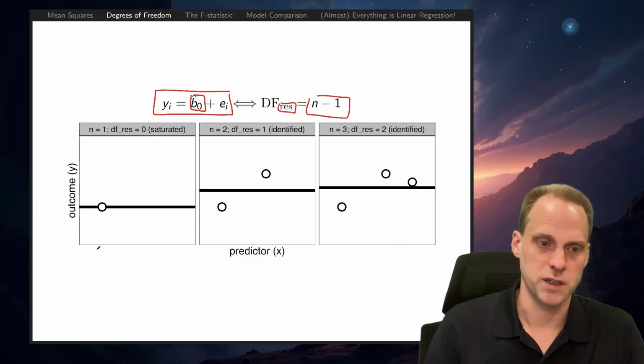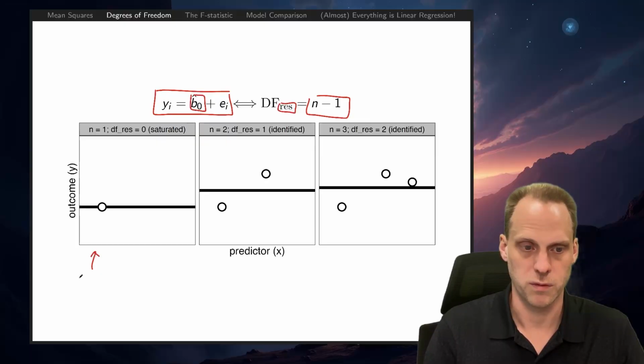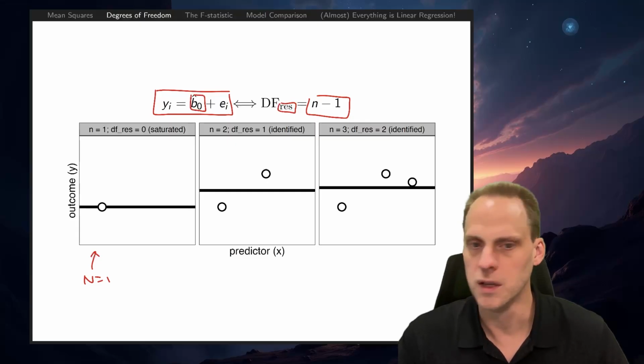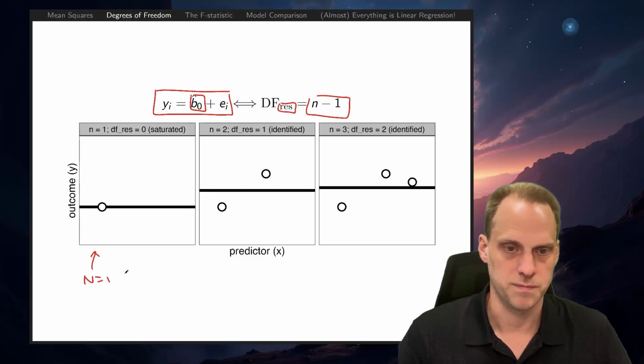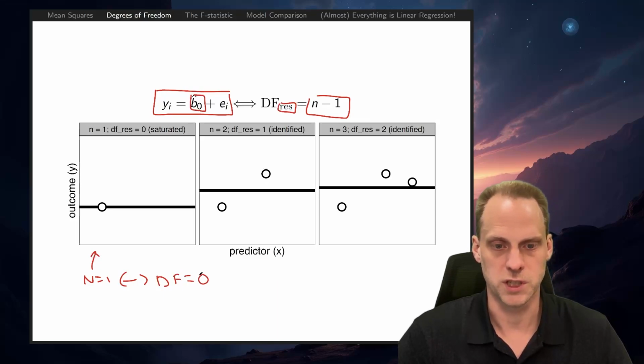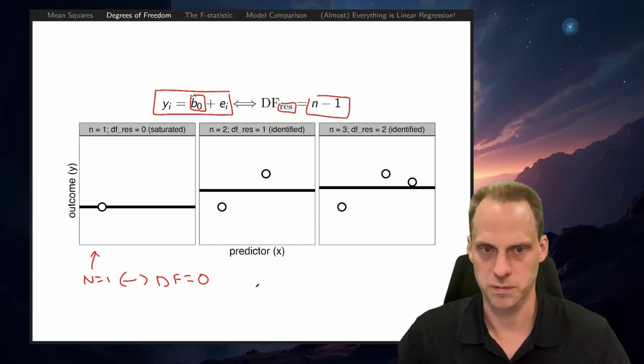Let's consider a data set where we have n equals 1 data point. You would never have that, of course, but let's say we have it. In that case, degrees of freedom would be 0. N minus 1, 1 minus 1 equals 0.